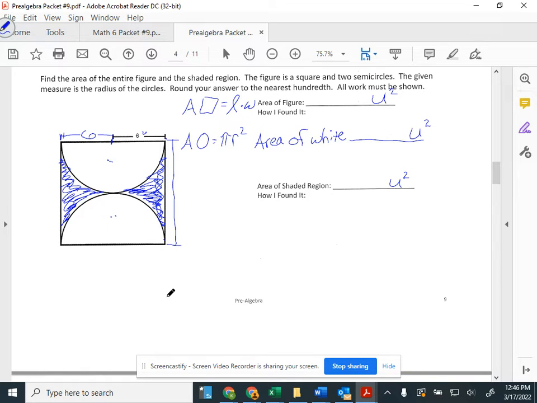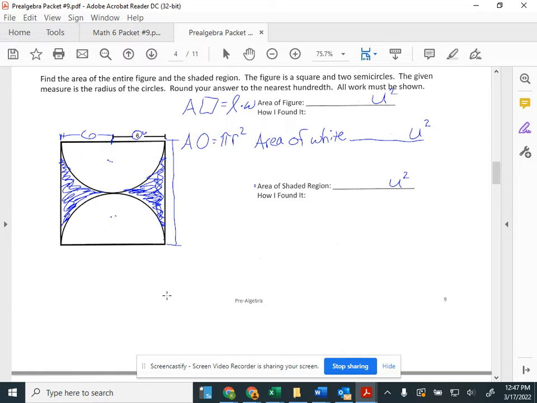We know pi is 3.14. We know our radius, the r, is 6. So do the math and you find the area of the white. And then like Paul said, we want to subtract the area of the white from the full figure. So we're left with our shaded area.